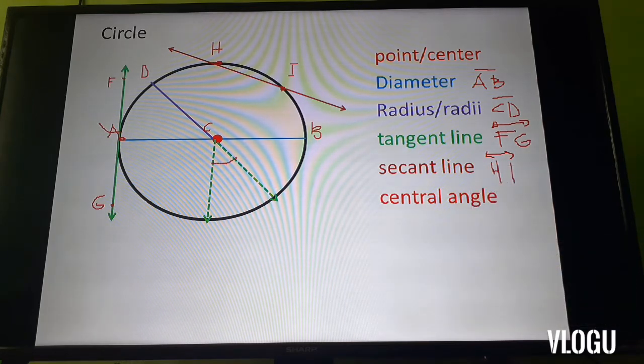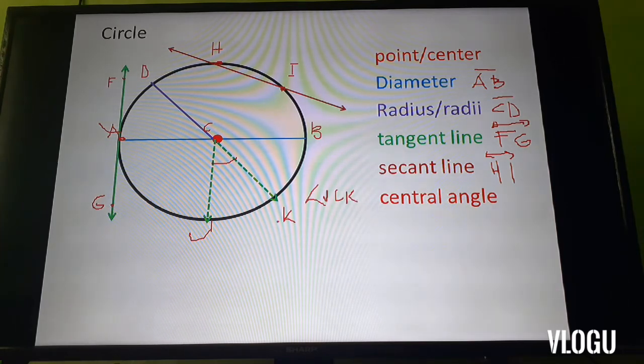If this is point J and this is K, my central angle now is angle JCK. Ito po yun, ang aking central angle.